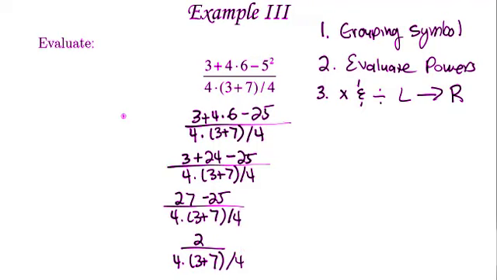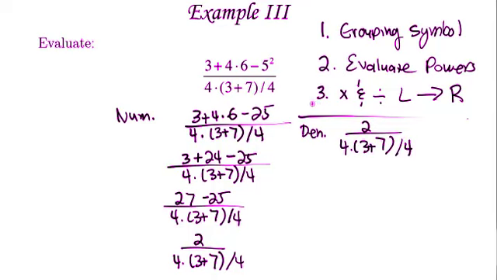Okay, so here I handled the numerator. So moving over here, I'm going to work on the denominator. And I have 2 divided by 4 times 3 plus 7 divided by 4. And don't forget the fourth step, add and subtract, again, from left to right.